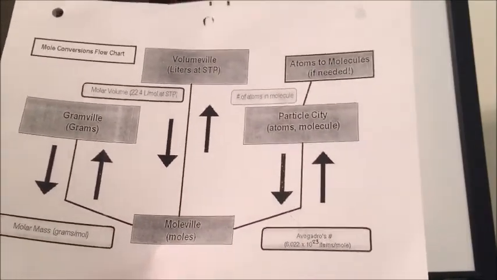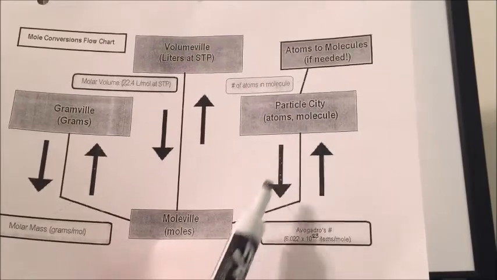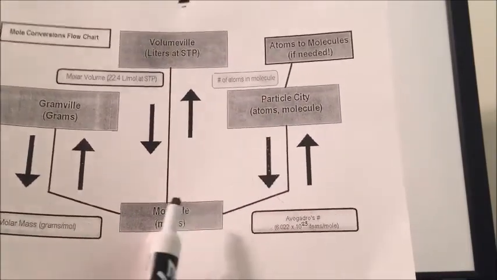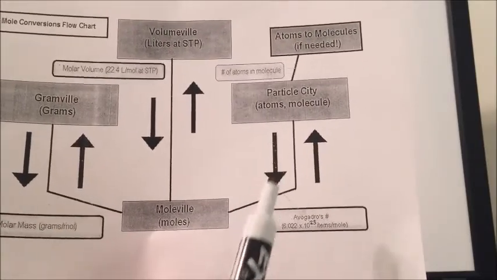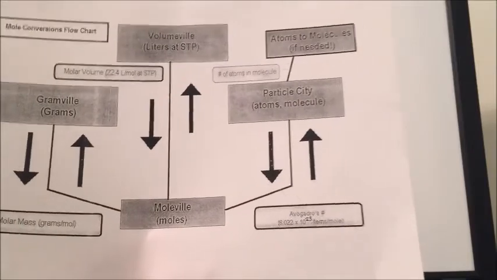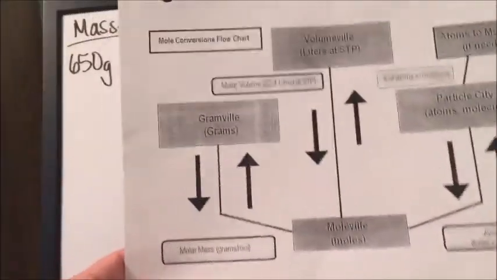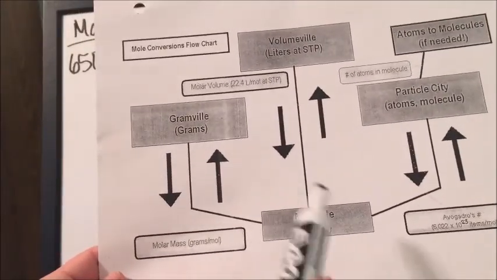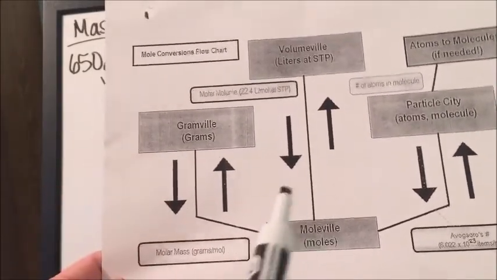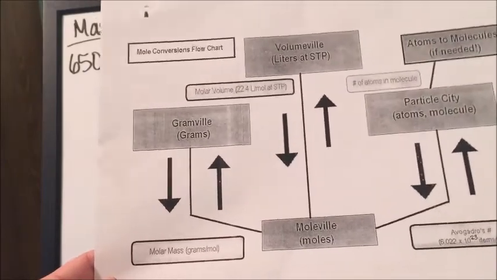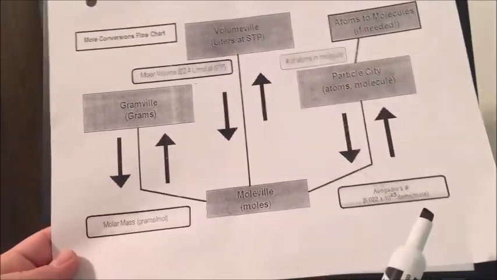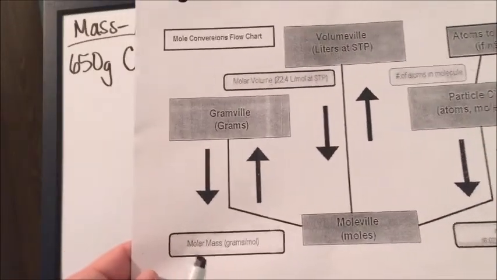So meaning, if you're given atoms and you want to find moles, or if you're given moles and you want to find atoms or molecules, you're traveling on this section of the road, and you must use Avogadro's number, 6.022 times 10 to the 23rd. Now, with what we just learned, moles going to grams, or grams going to moles, notice it's a completely different part of the map, and it has nothing to do with Avogadro's number, who's over here. It has everything to do with molar mass.